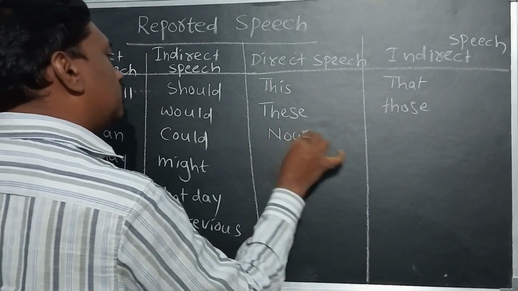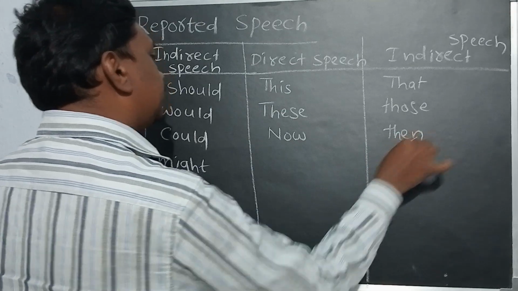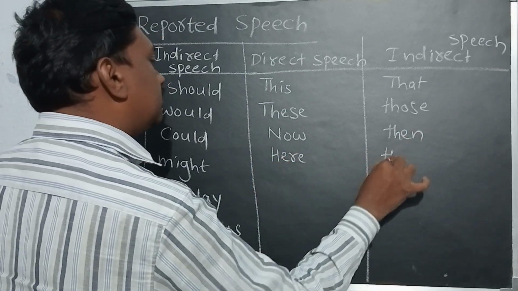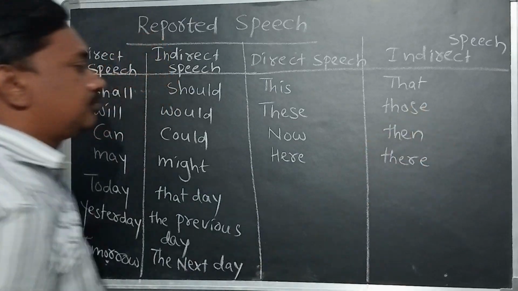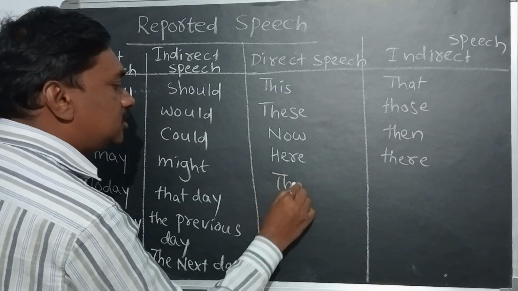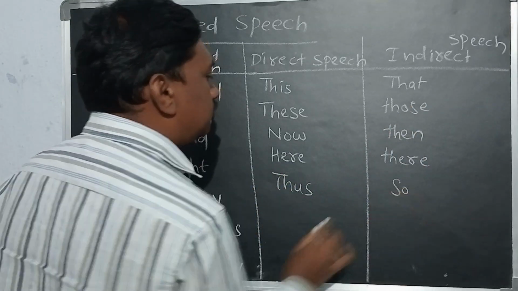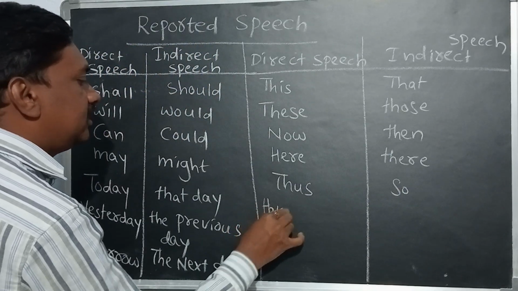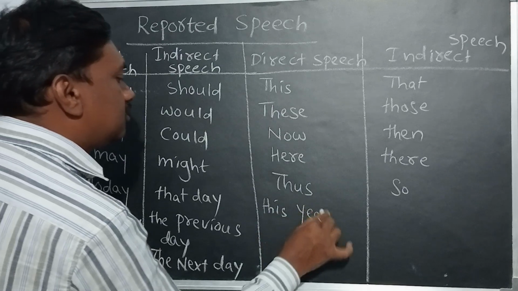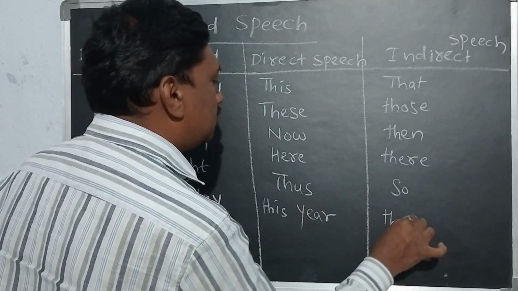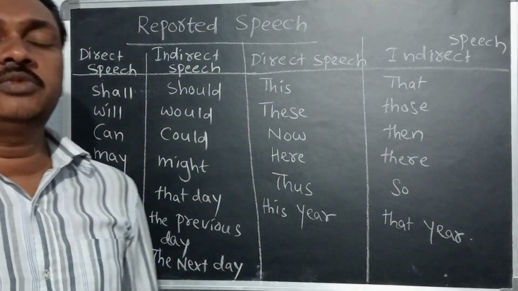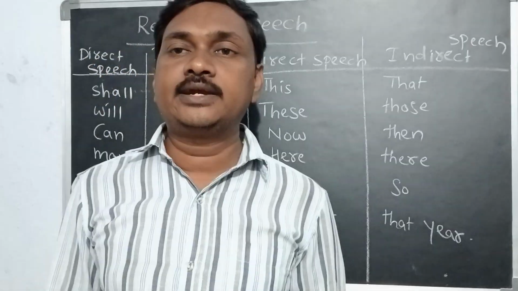Now changes to then. Here changes to there. Thus changes to so. This year changes to that year. These are the few changes from direct speech into indirect speech.